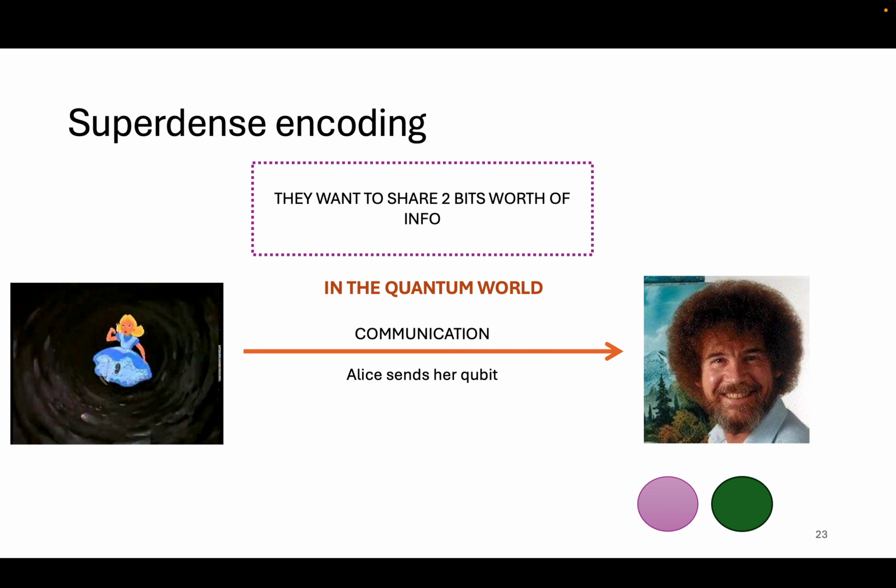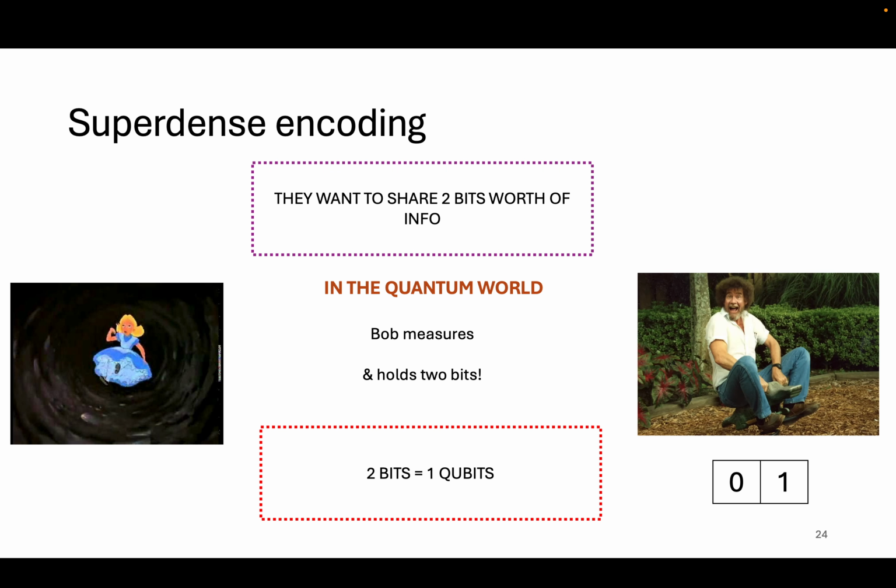Once Bob has received this qubit, he can measure and now holds 2 bits worth of information, but the only thing that was shared was 1 qubit. So in a setting where both bits and qubits cost the same, superdense encoding is cheaper because you are using fewer units of information to send the same amount of information.